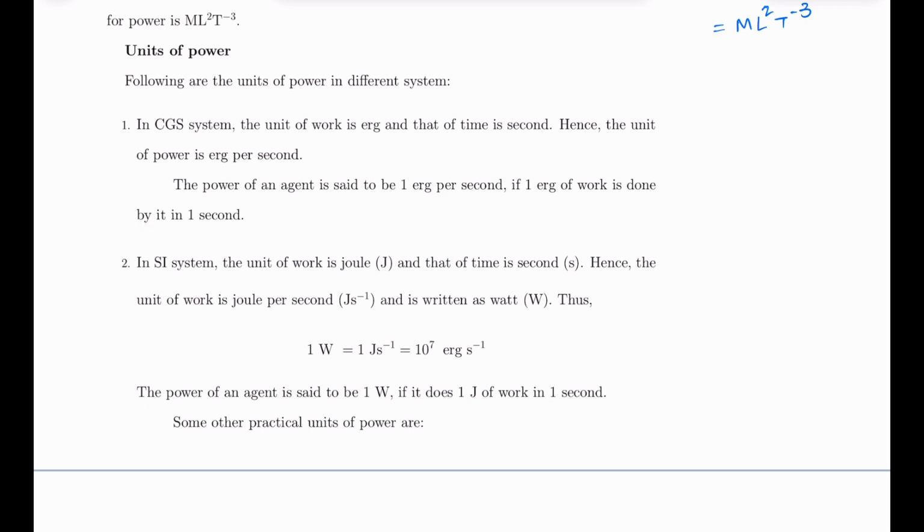We measure work in erg. टाइम को मेजर करते हैं सेकंड में, इसलिए पावर कितना होगा अर्ग अपॉन सेकंड. So this is erg per second. ठीक है. So the power of an agent is said to be 1 erg per second if 1 erg of work is done by it in 1 second.